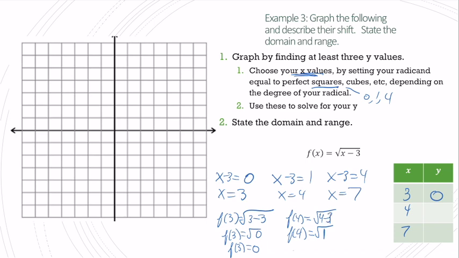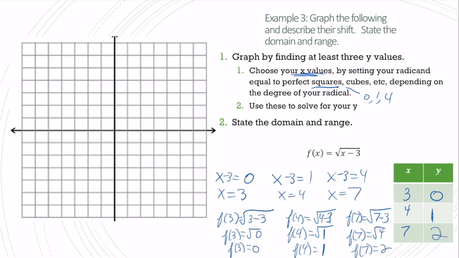So f of 4 is 1. Sometimes I'm thinking too far in advance. And if I take x to be 7, I have f of 7 is the square root of 7 minus 3. So f of 7 is the square root of 4, which is 2.